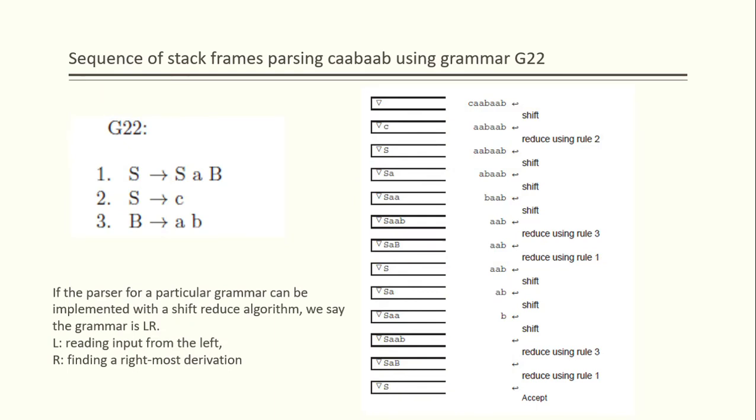Okay, now we want to be able to store this information into a sequence of stacks. How do we want to parse this CAABAA using grammar 22? So here is the grammar. If the parser for a particular grammar can be implemented with a shift-reduce algorithm, we say the grammar is LR.